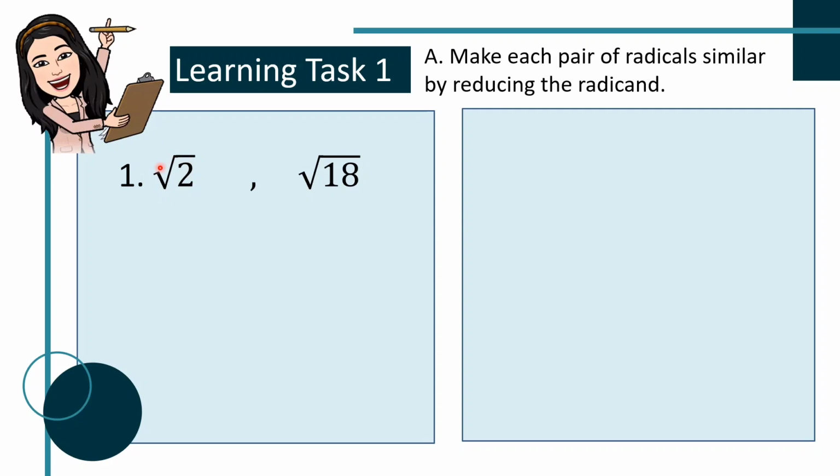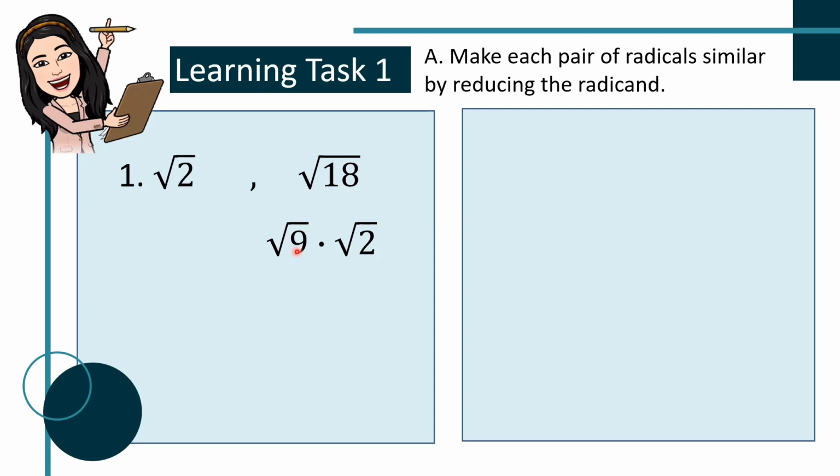Let us begin with the square root of 2. Is the square root of 2 in simplest form? Yes, so we no longer need to simplify it. How about the square root of 18? There are still factors of 18 that would make the radicand reduce, by getting one factor which is a perfect square. That is 9 times 2.